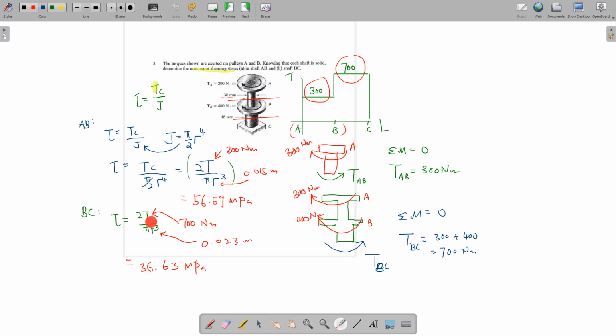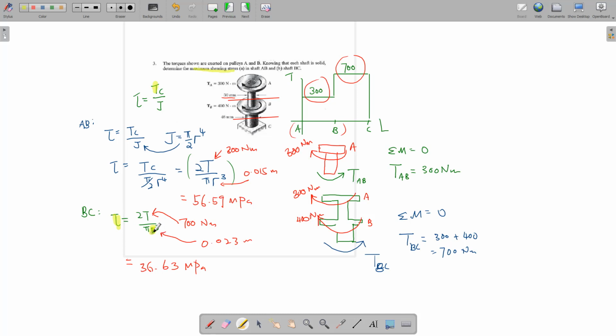Tau equal to 2T, 2 times the torque, divided by pi r to the power 3. The radius is the lowercase r, and we used a value of 0.023 previously. Now, if you use a smaller radius, if you make the bottom part of the shaft smaller and decrease the diameter, then you can expect the shear stress to increase.